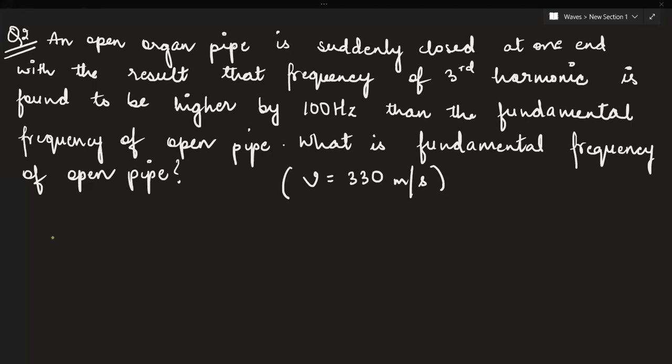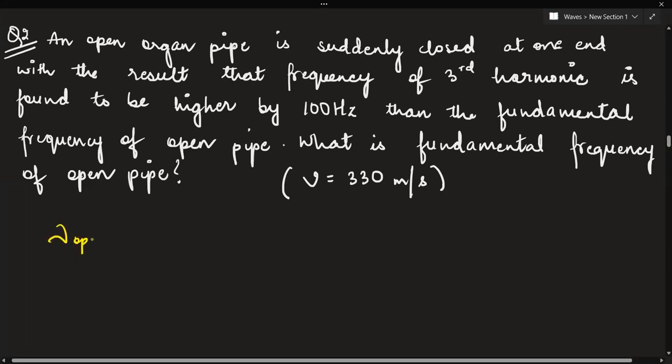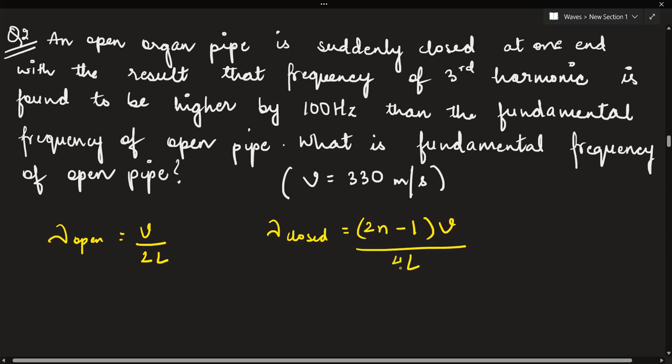See, before moving further, again I'm repeating: the frequency of an open organ pipe is given by v by 2L, and the frequency for a closed organ pipe is given by (2n minus 1) times the velocity divided by not twice the length, but 4 times the length.